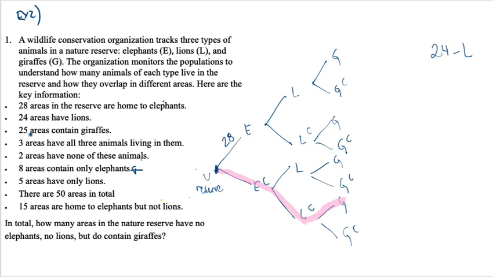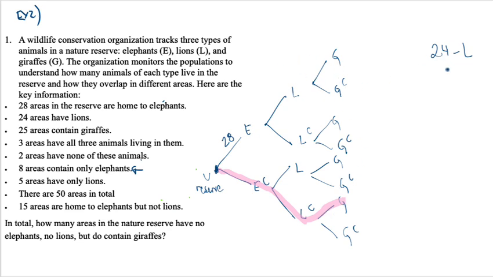Then I have information that 25 areas contain giraffes. Well, again, I can put A, B, C, D, whatever, X, Y, Z. You can give these branches names and say that the sum of these variables is 25 because there are 4 options to go to giraffe.